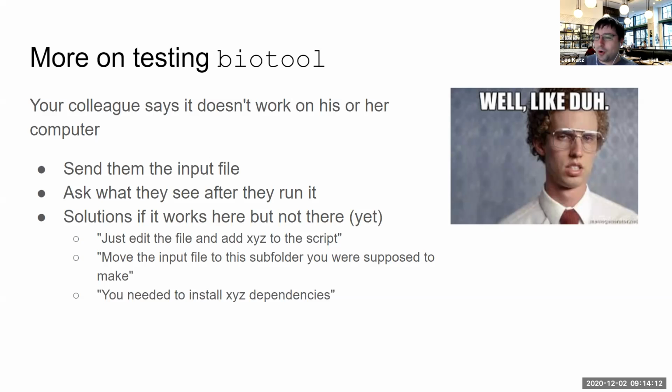The whole process is you send them the input file, they run it, you say, did it work? And they say it didn't work. And then you're like, let me debug it for you here. You're supposed to add this thing to your script. Didn't you know you're supposed to have this input folder? It's supposed to have all the fastq.gz files in it. Or you needed to install these dependencies. It's just not a process you want to do, and it makes you come off looking bad.